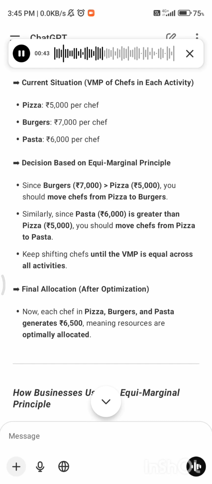Similarly, since pasta, 6,000, is greater than pizza, 5,000, you should move chefs from pizza to pasta. Keep shifting chefs until the VMP is equal across all activities. Final allocation after optimization: now, each chef in pizza, burgers, and pasta generates 6,500, meaning resources are optimally allocated.